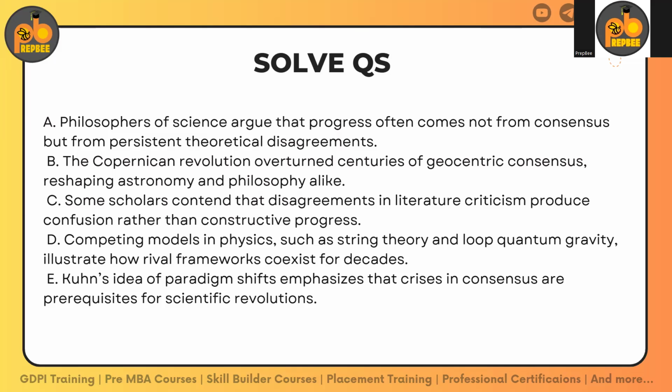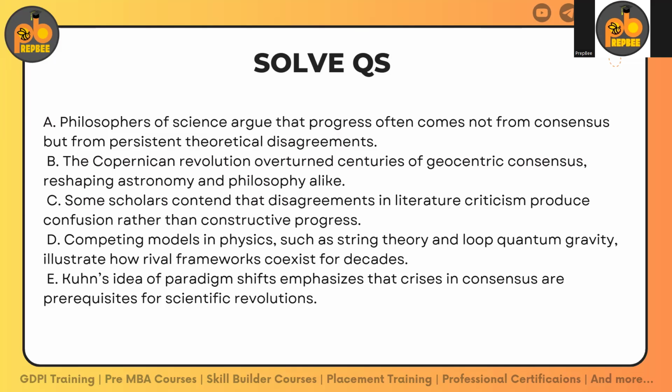Here we are talking about science, disagreement, paradigm shifts. E is talking about consensus. A is talking about philosophers of science arguing that progress does not come from consensus, but actually comes from persistent theoretical disagreements. B is also talking about the geocentric consensus, and D is talking about how rival frameworks can coexist.